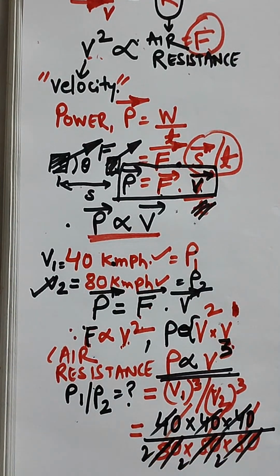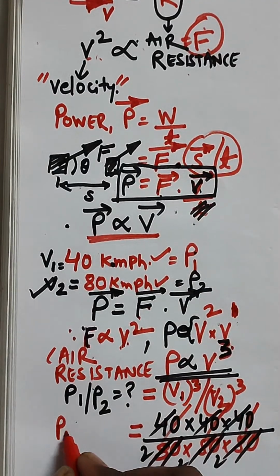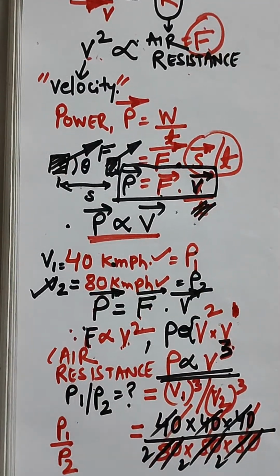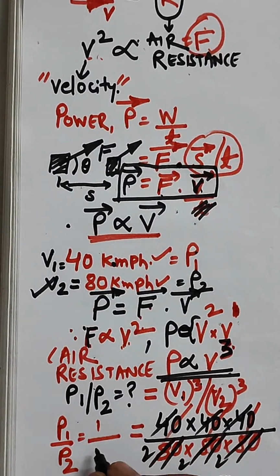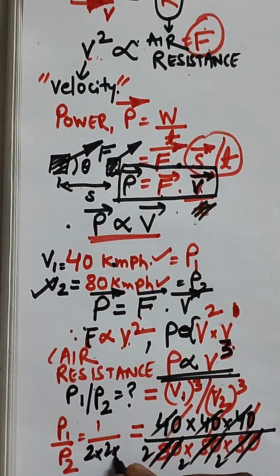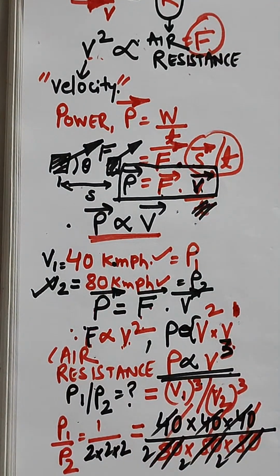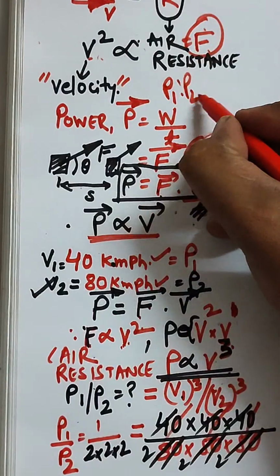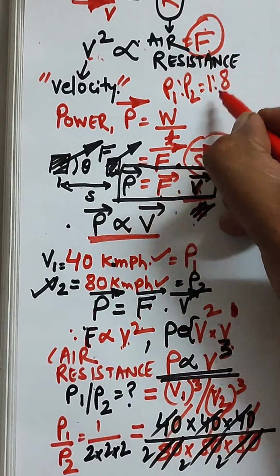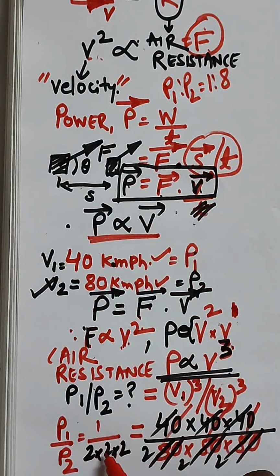So this will give you P1 by P2 as 1 by 2 into 2 into 2, that is 1 by 8. So the ratio of P1 is to P2 is 1 is to 8. Here you can see 2 into 2 into 2 will be 8.